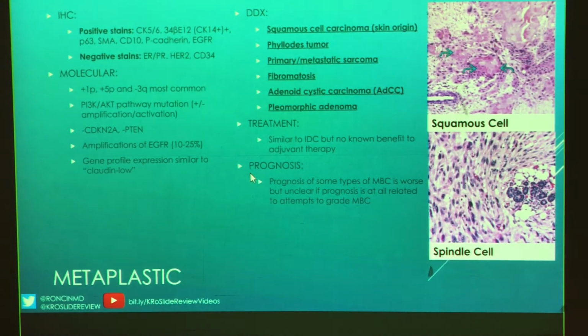Positive stains. Okay, so things that make sense, right? Your keratins. So CK5/6, your 34 beta E12, because it has the CK14, your P63, SMA, CD10, P-cadherin, not E-cadherin, P-cadherin, and because these are not breast adenocarcinoma, right?